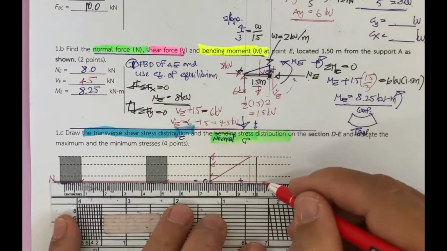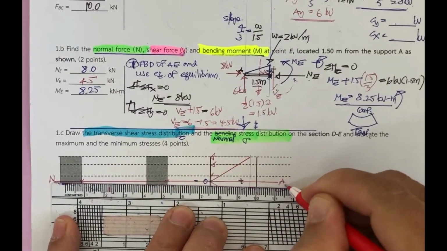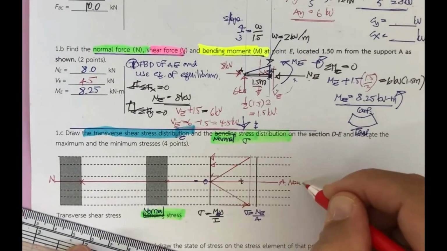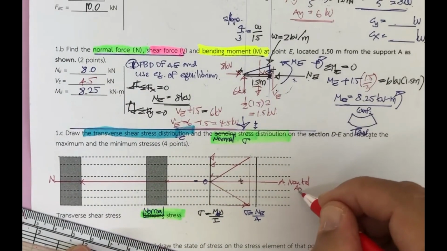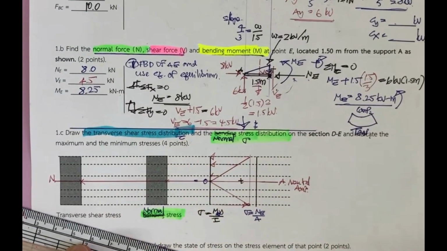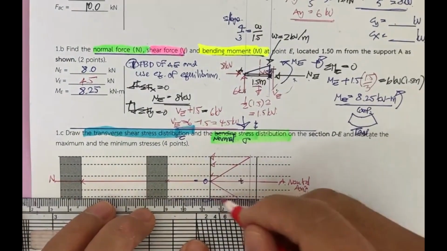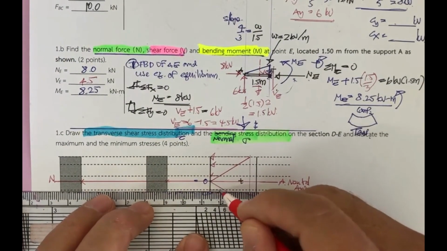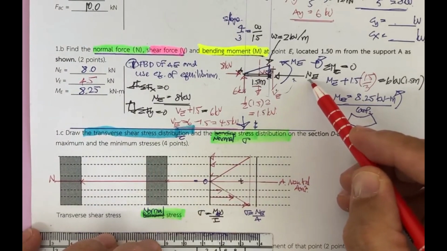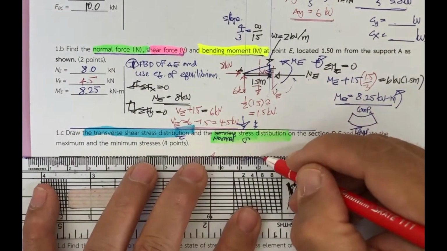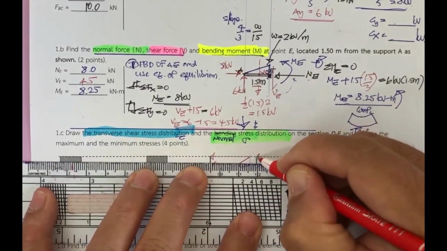Neutral is the middle, and then axis. This is in tension. The N is compression, which means it's going to produce compressive stress.